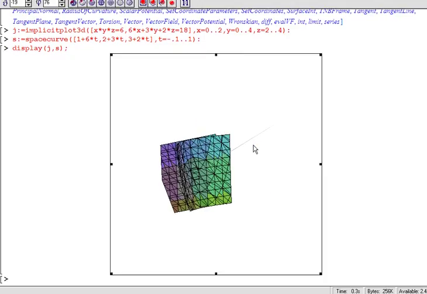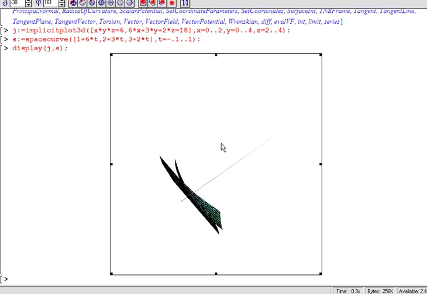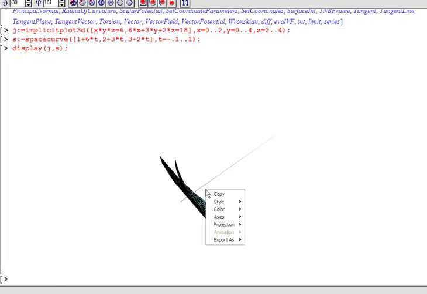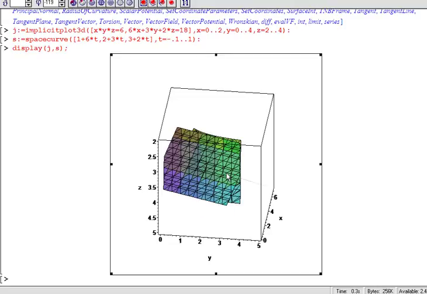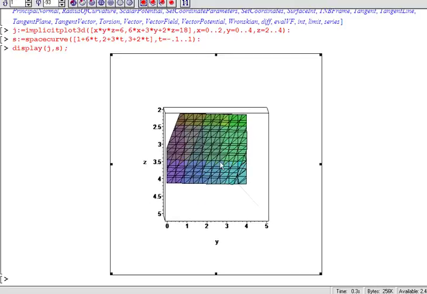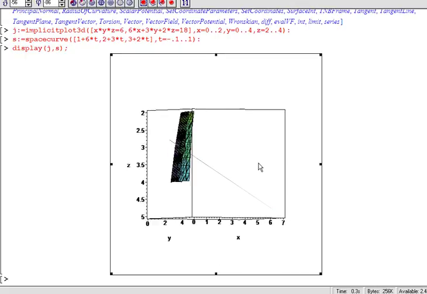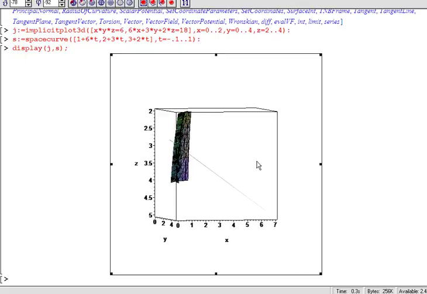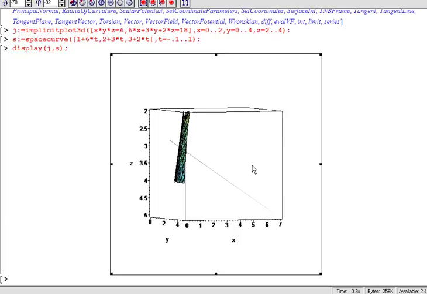So if I'm going to spin this around, I think the best way to see is right there. And I can right click to get my axes boxed. And as I turn it around, you can see the tangent plane in the surface, right there, and the normal line coming out perpendicular at that point.